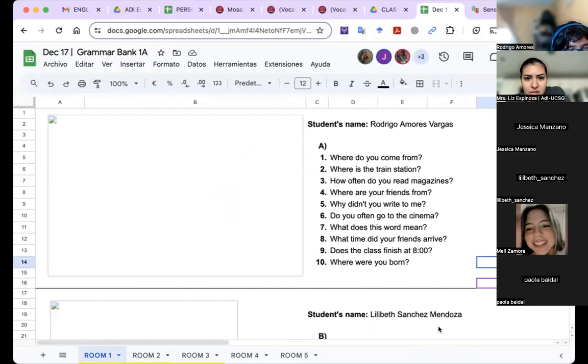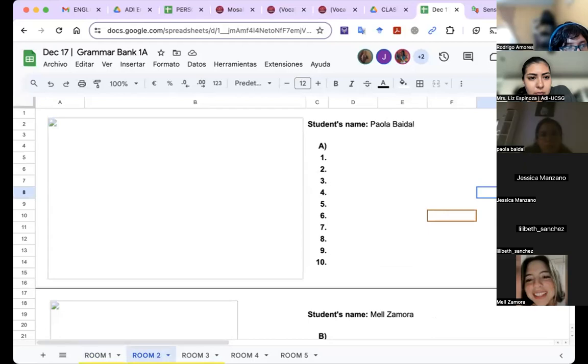This iPhone of Cristina, I don't know who is Cristina. Okay, so I have Rodrigo and Lilibet. Okay. Room 2.